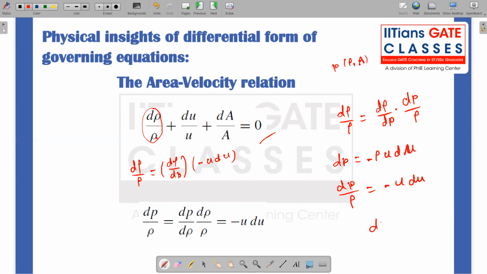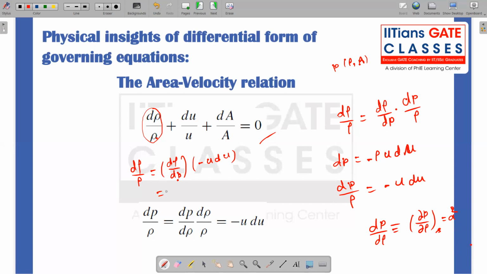So the moment I take it as an isentropic flow field, what happens? We know for an isentropic flow field, dP by d rho, equally I can write as dou P by dou rho with S being constant. So what is this? This is nothing but the speed of sound squared, right? We already derived this while discussing the speed of sound. So I can replace dP by d rho with a square.